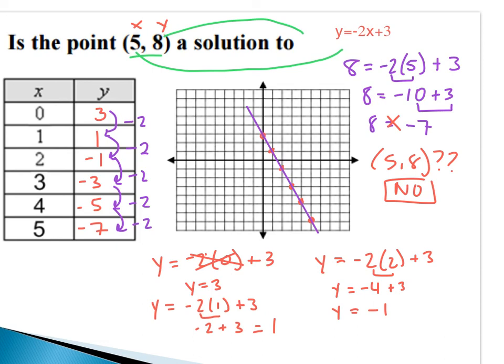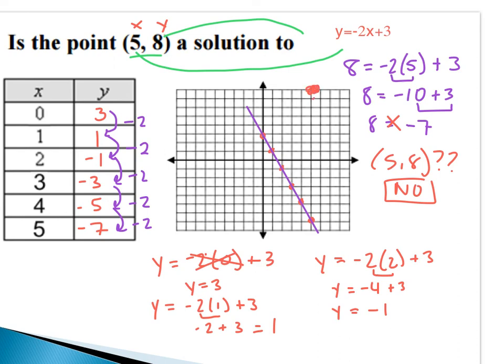But notice how this point, 5, 8, I'm going to show you one last thing here. If I plot this point, that is going to be 5 to the right, 1, 2, 3, 4, 5, 8 up. So 1, 2, 3, 4, 5, 6, 7, 8 is all the way over here. Well, that's a nasty point, okay?